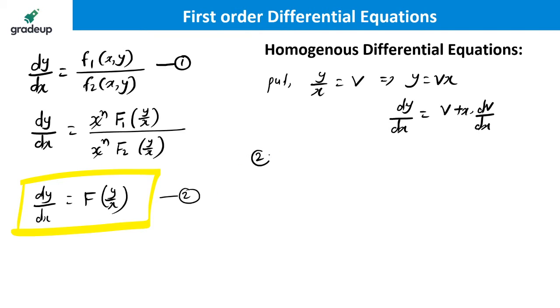So equation 2 will further become, see, dy by dx will be v plus x dv by dx, and this will be f of v. Now you can separate the variables, integrate both sides, and finally add the appropriate constant.